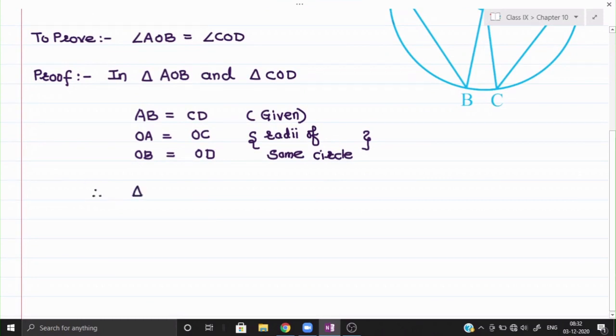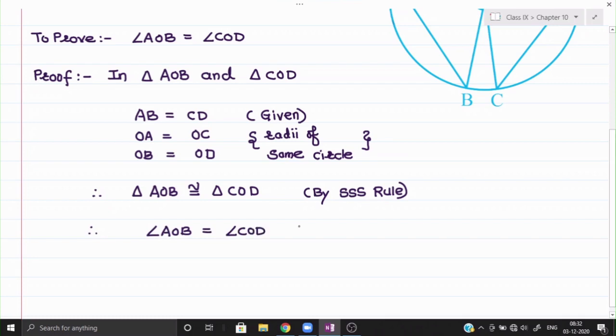Therefore, we can say that triangle AOB is congruent to triangle COD. We have proved this by the side-side-side congruency theorem. So if two triangles are congruent, the corresponding parts will definitely be equal. So angle AOB will be equal to angle COD, with the help of CPCT.